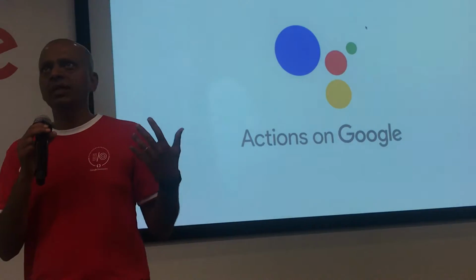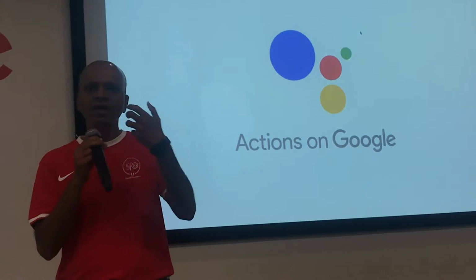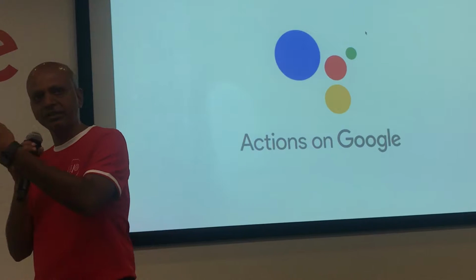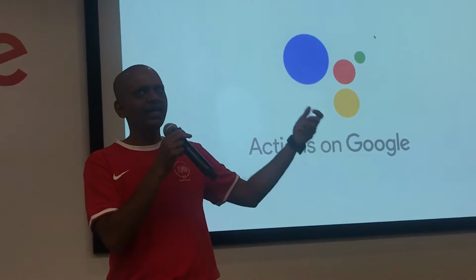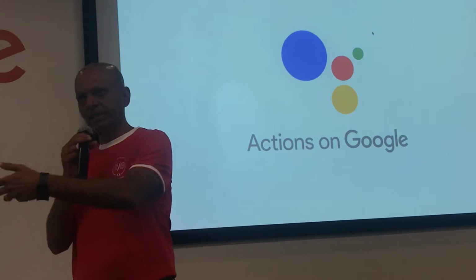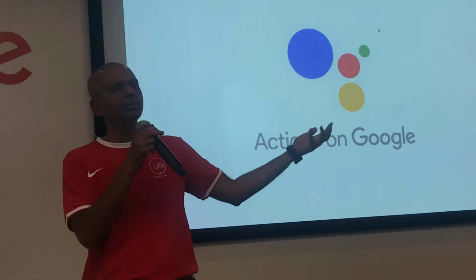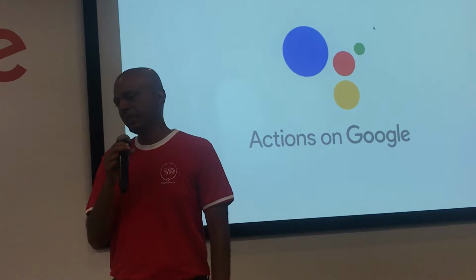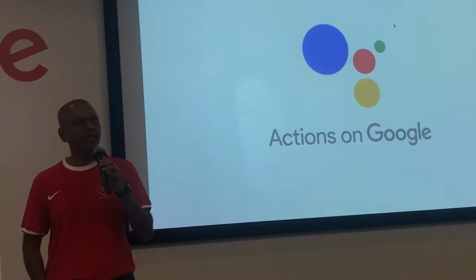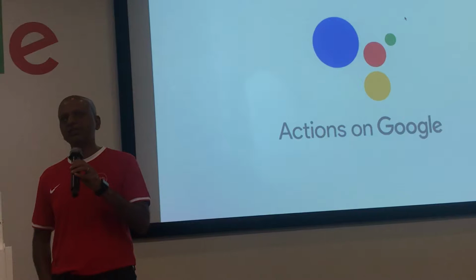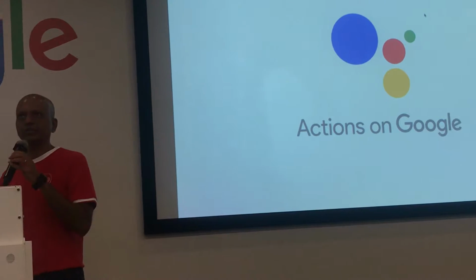As the assistant gets added to more devices in different languages and countries, your action reaches more of them, because you build it once using this platform and it is made available on all these different devices. This is what we are going to use today, and you'll be heading into the code lab with Actions on Google soon.